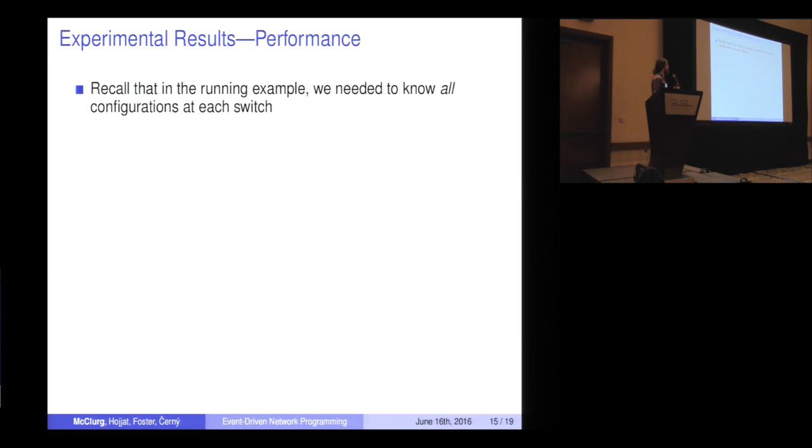If you remember in the running example, each switch actually needs to know about all the possible configurations because it needs to know how to route packets that are tagged by those specific configurations. So this is really inefficient in general. Each switch will need to have many rules. So what we do is use a rule reduction heuristic that shares rules across multiple configurations when possible.